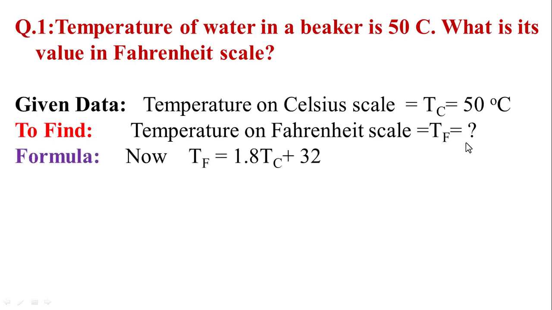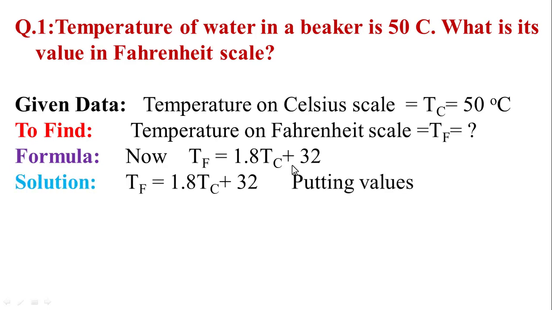Now, using the formula, temperature in Fahrenheit scale Tf is equal to 1.8 times temperature in Celsius scale plus 32. So, for solution, Tf is equal to 1.8 multiplied by Tc plus 32.